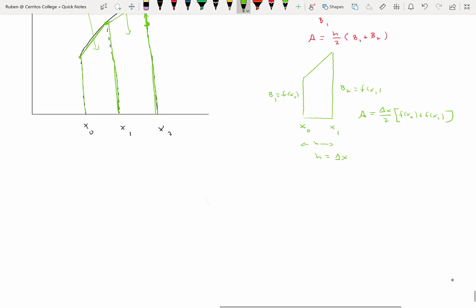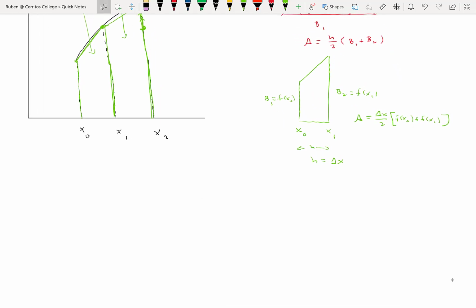Okay, so let's get a formula for the trapezoid rule. You don't have to memorize the derivation that I'm giving. I'm not going to test you on the derivation, but I want you to see how easy it is to get the trapezoid rule. Let's say T sub n for trapezoid with n subintervals.